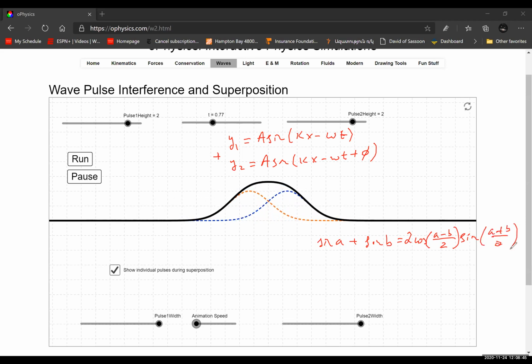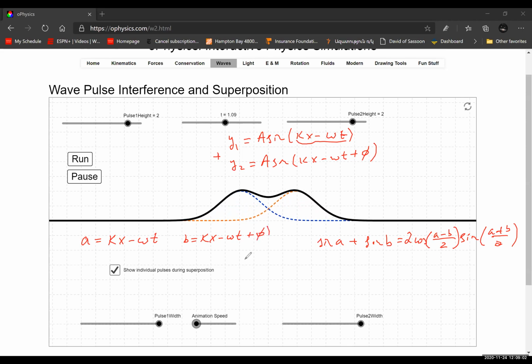So this is what we get. Now for us, A is kx minus omega t, which is the argument of the first wave. B is the argument of the second wave, which is kx minus omega t plus phi.